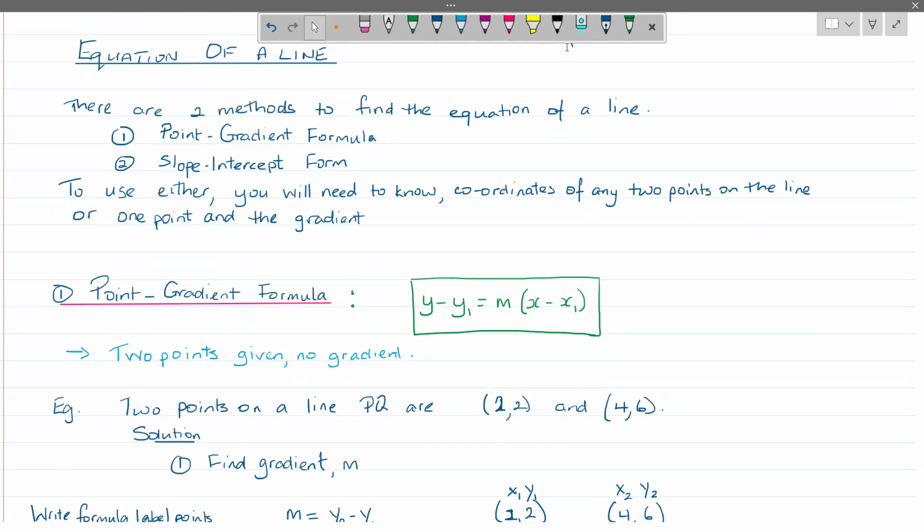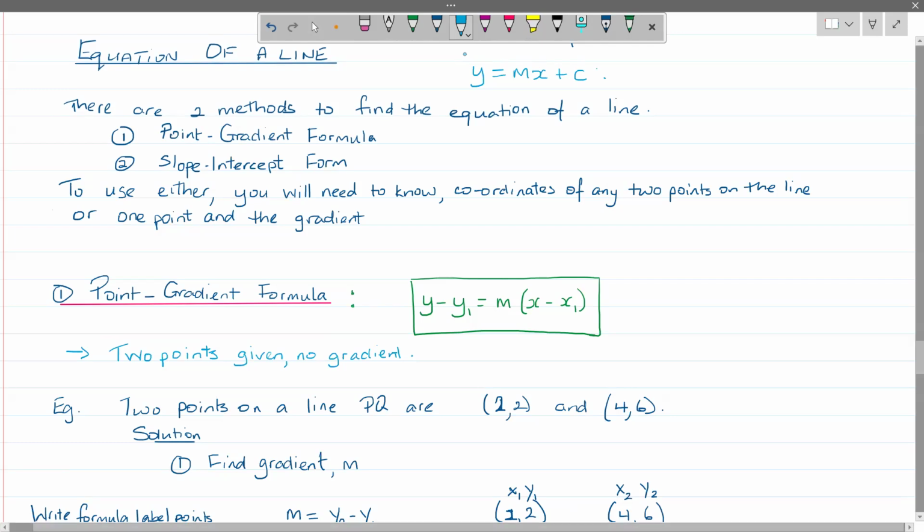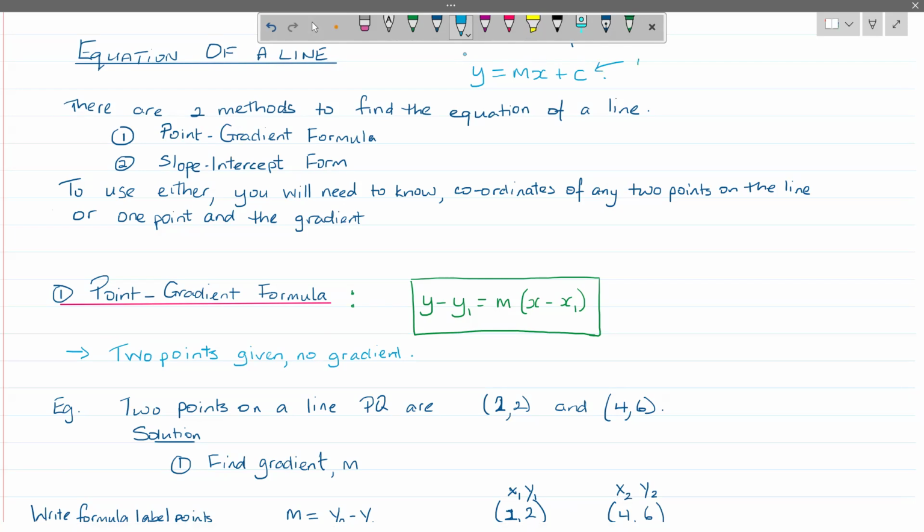The formula is usually in the form y is equal to mx plus c. The x and y are coordinates. The m, as we learned just now, is the gradient. And c is something called a constant value, or the y-intercept. And I'll talk about the y-intercept and x-intercept afterwards, right?